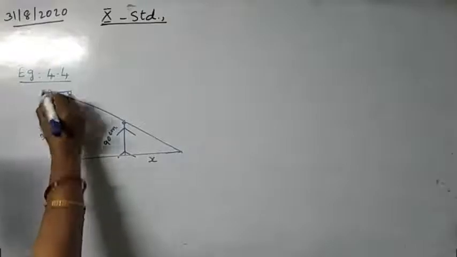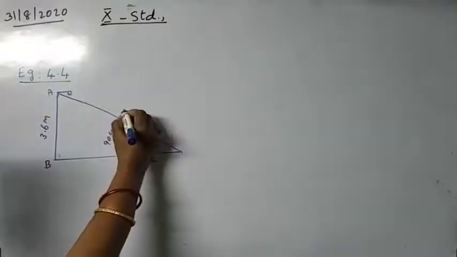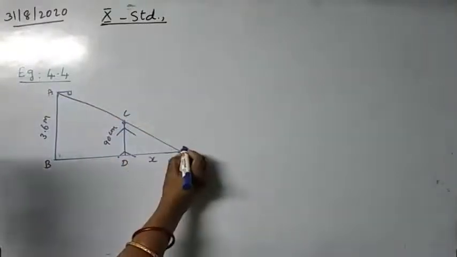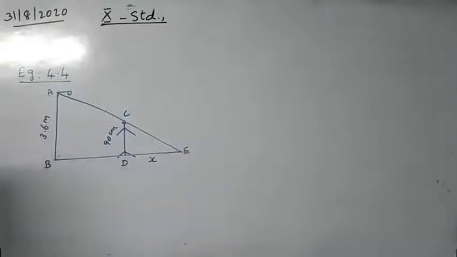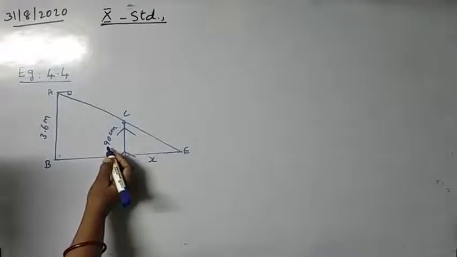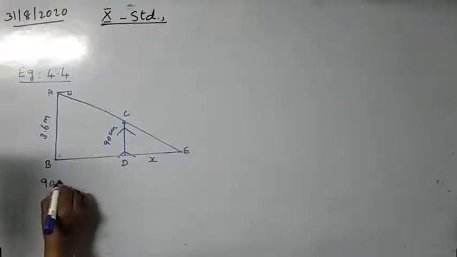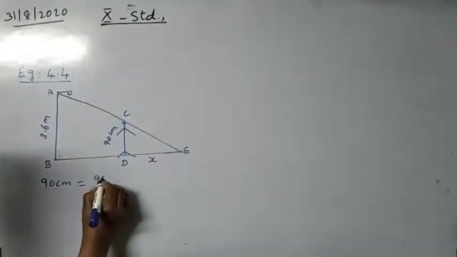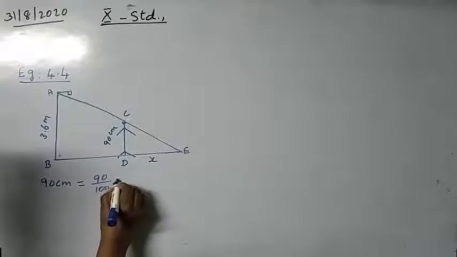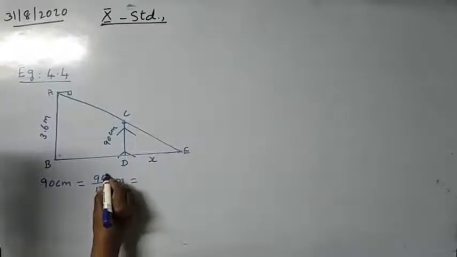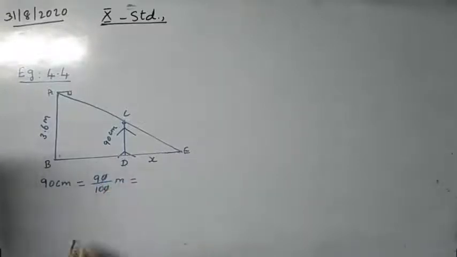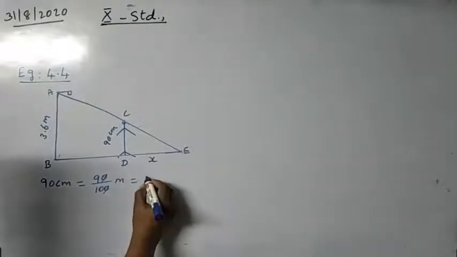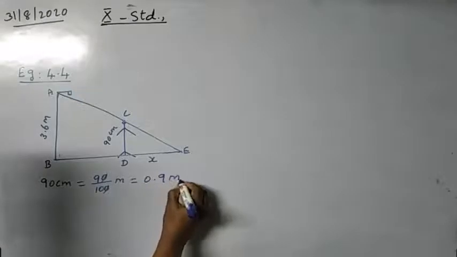So take this lamp post as AB, boy as CD, and this is the vertex E. Now change this 90 centimeter is equal to 90 by 100 meter. So 0 0 cancel, 9 by 10. If you write in decimal, you can get 0.9 meter.